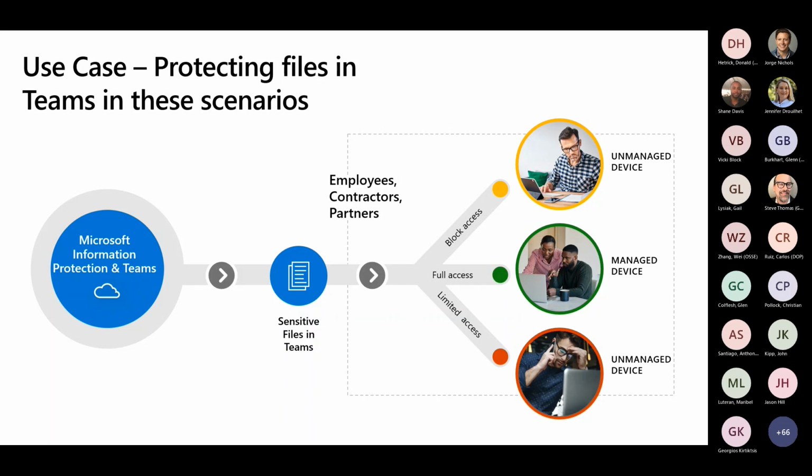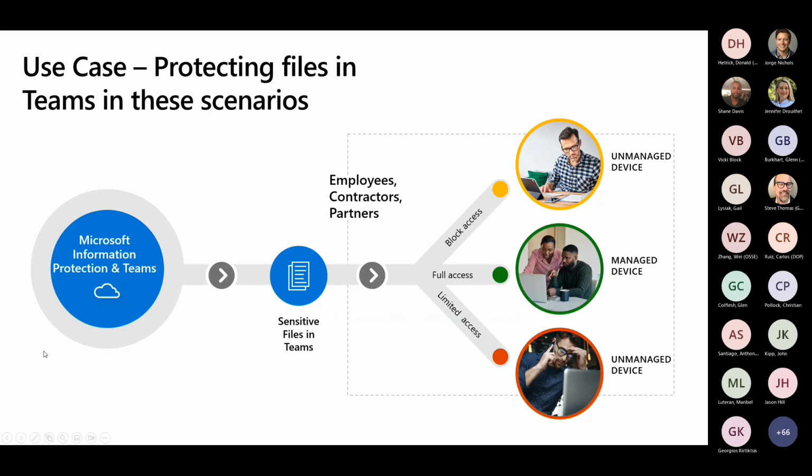Teams is also on my mobile device and even on my personal computer, and I bet the same is true for most of you. Now, the use case that is brought to me and BB from customers is: how do we protect our files in Teams depending on who accesses the team, the sensitivity of the data within the team, and if the team is accessed from a managed versus an unmanaged device?